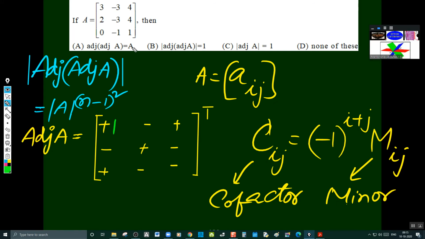For -3, it is 2. For 4, it is -2. For 2, it is -3 plus 4. And for -3, it is 3. For 4, it is -3. That's it. It becomes +3.